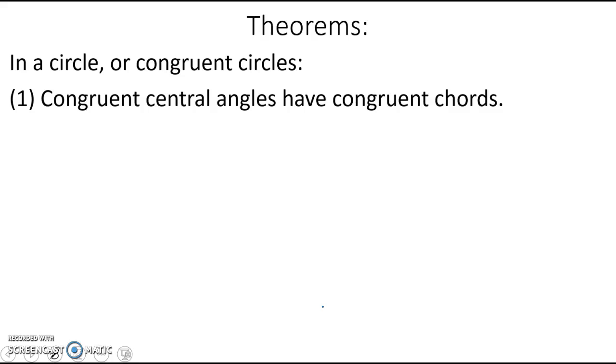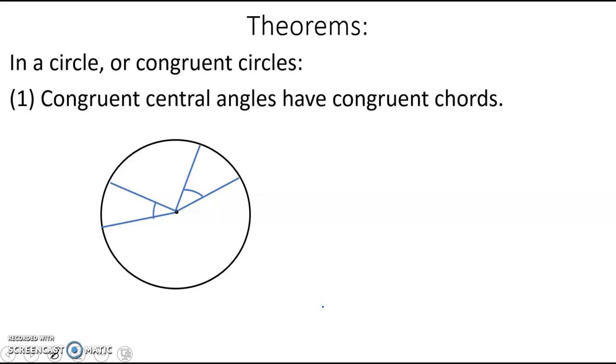So what exactly does that mean? Well, here's a picture of a circle. We have 2 central angles. I know that they are central because they both have a vertex there at the center of the circle here. If those 2 angles are equal, then the chords that we would draw opposite those angles are also equal. So it's like saying, if this happens, then these segments are congruent.